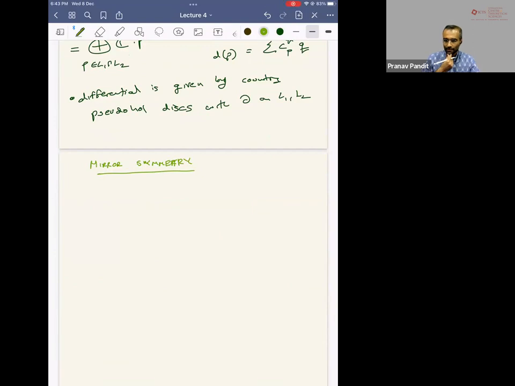So these are complex manifolds that also have a symplectic structure, which is compatible in some way. So these are called Kähler manifolds.